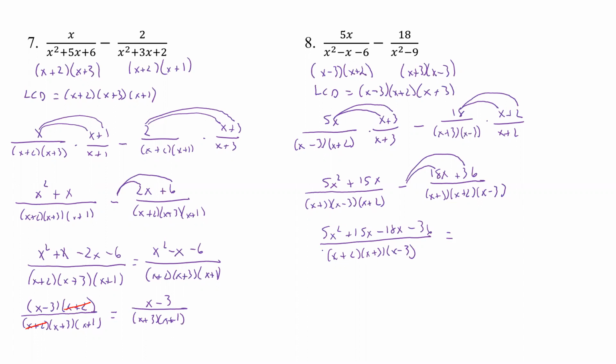Okay. Well, 15 minus 18 is going to be 3x. We'll have 5x squared minus 3x minus 36 all over x plus 2, x plus 3, x minus 3.